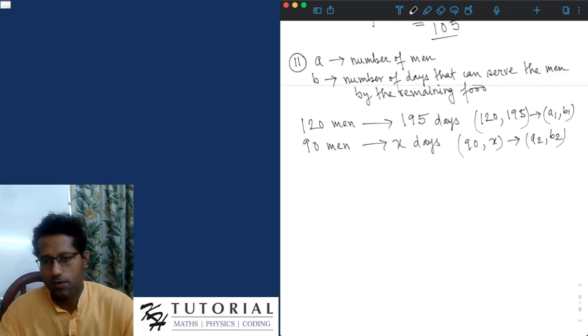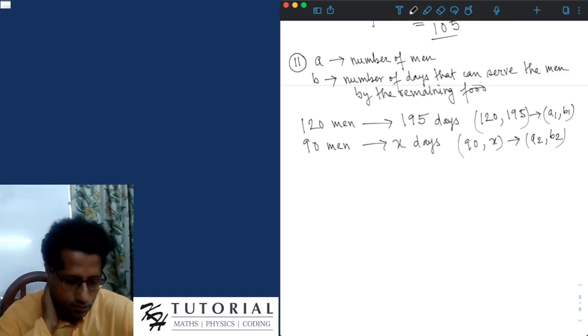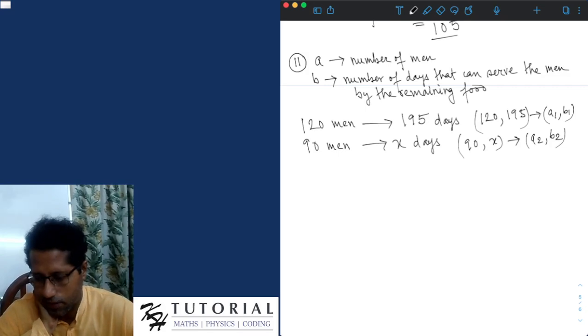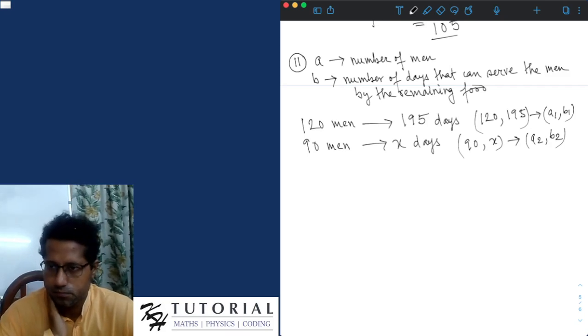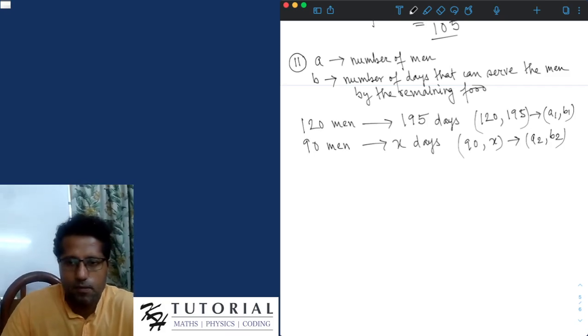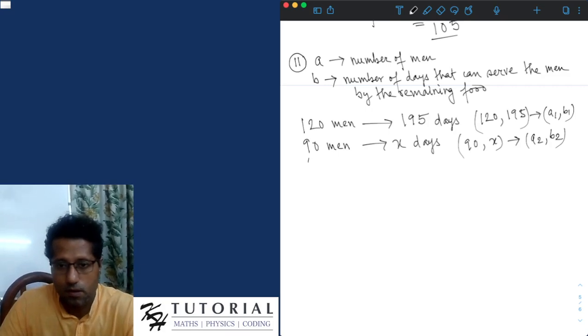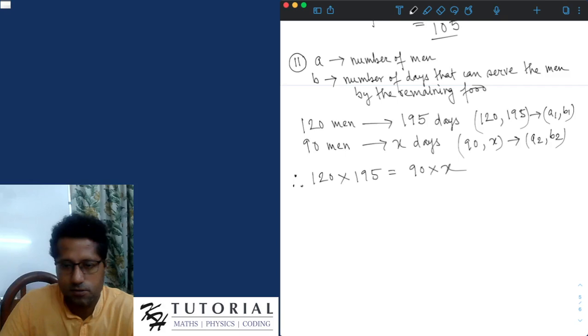Now we clearly know that A and B vary inversely, so we will have A1 B1 equals A2 B2, that means 120 multiplied by 195 should be equal to 90 multiplied by x.